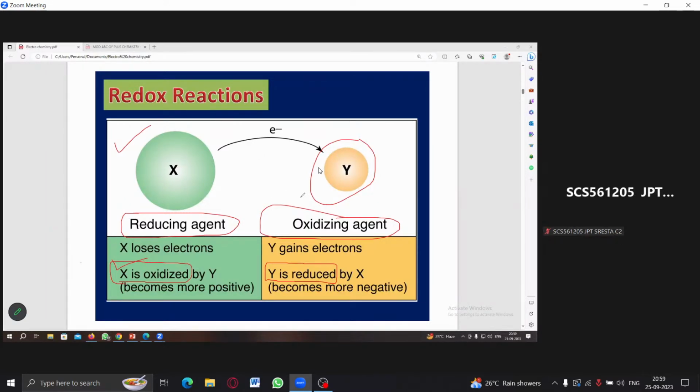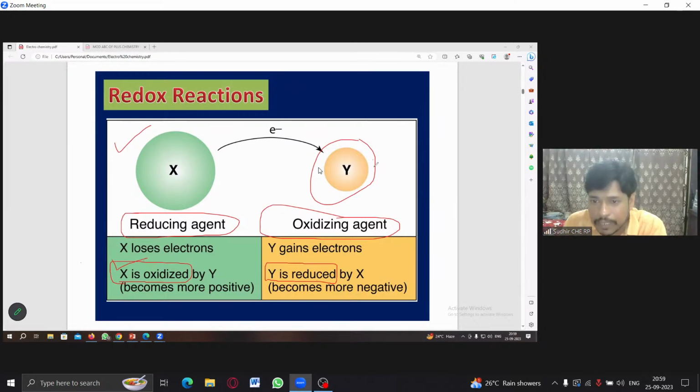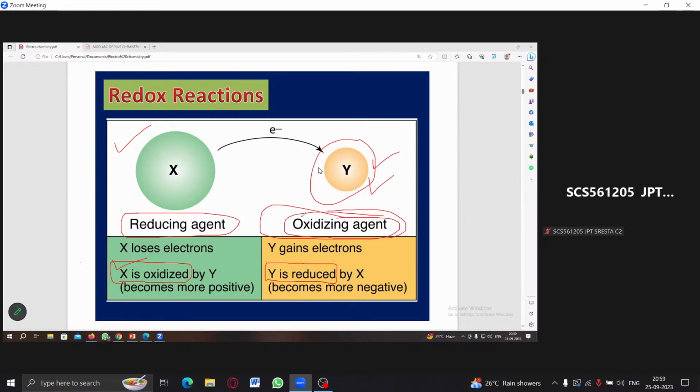So because of Y only, X is involved in the oxidation process. It is supporting the oxidation of X here. That means can I consider Y as the oxidizing agent? Y is acting as an oxidizing agent. Right or not? Yes, sir.